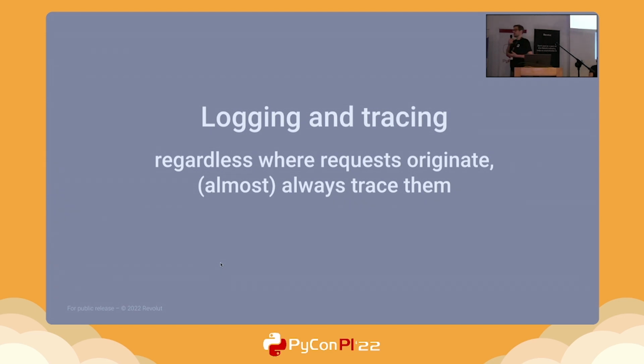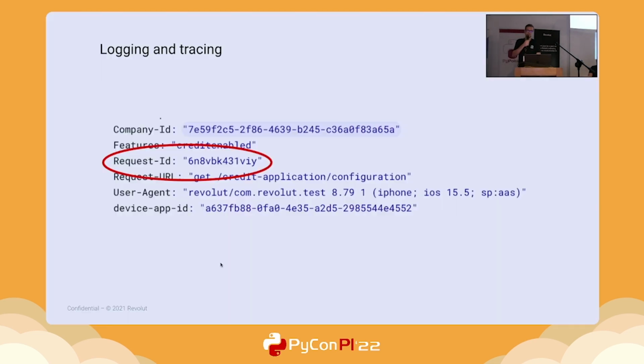Another aspect of common configuration shared between different services, regardless of whether they are Java or Python, is, for example, logging configuration or traceability configuration. In other words, we want to know what happens with a request originating in one app that goes to another app in our infrastructure and to a third app. We want to trace the entire request, how it goes through the microservice system.